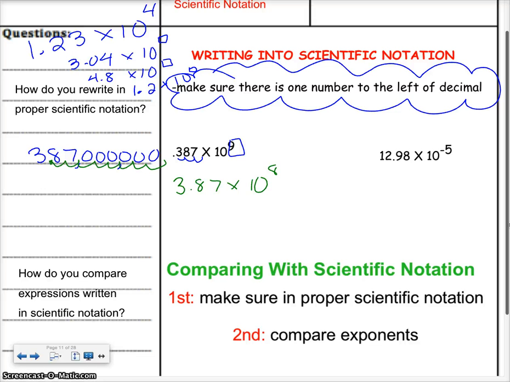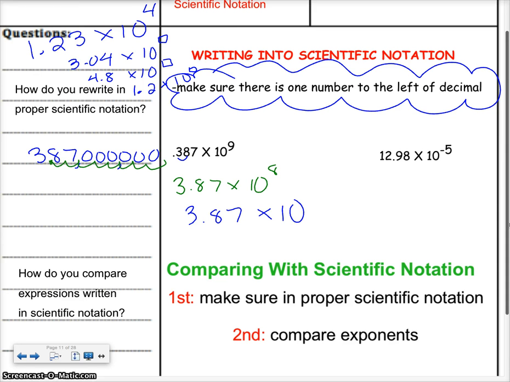The logical strategy: 0.387 is not in the right form. I know that it has to be 3.87. Now I'm going to think logically about the exponent. The exponent right now tells me I need to go 9 spots to the right, but I already went 1 spot to get it into proper form.